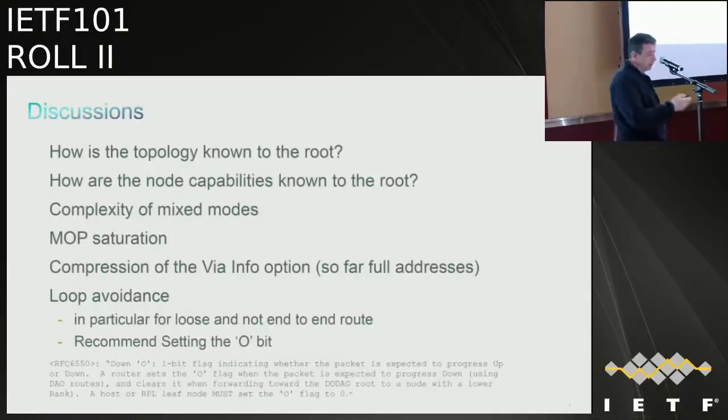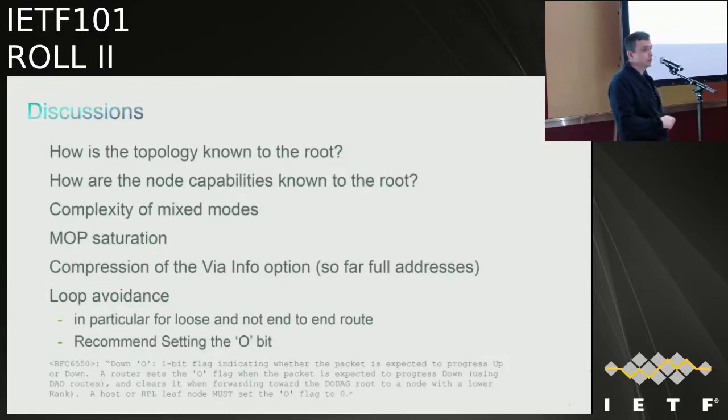And then I wanted to share this remaining question, and I guess we know the answers. How is the topology known to the root? In non-storing mode, the root has the DODAG. It doesn't have more than that, doesn't have sibling links, for instance, but it has the DODAG. So we can already work like that. In storing mode, there is no topological information, but I think the big point is whether the root has something or not.